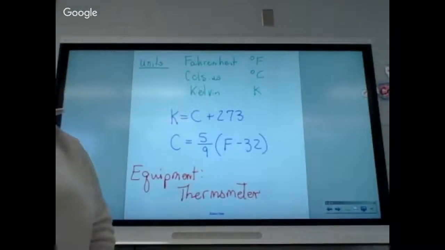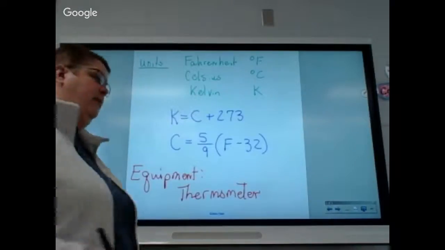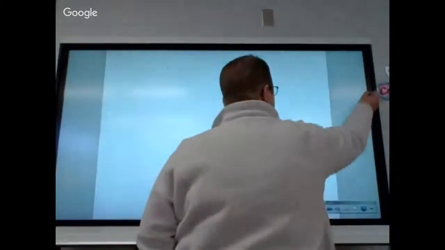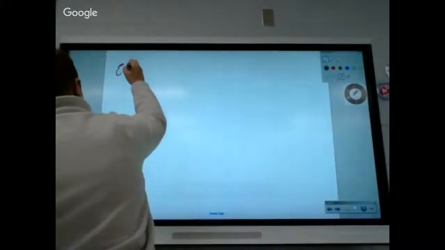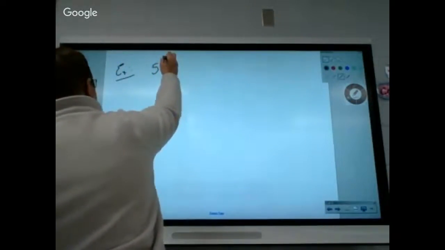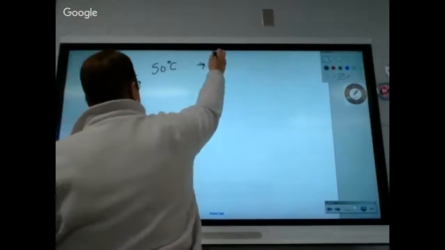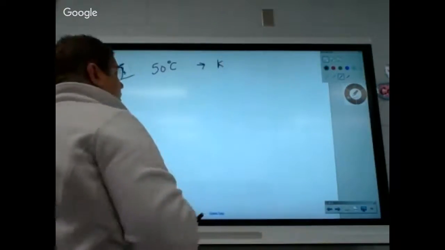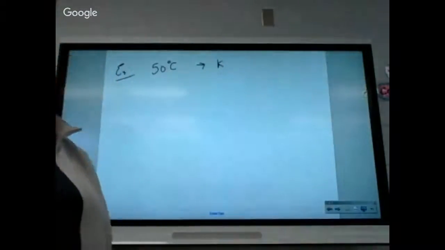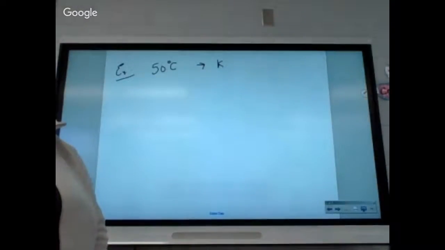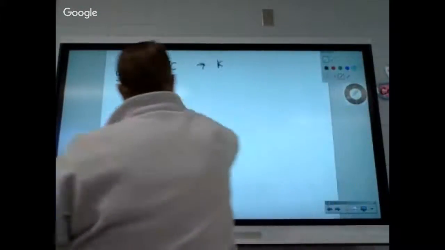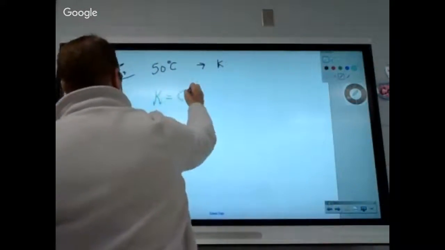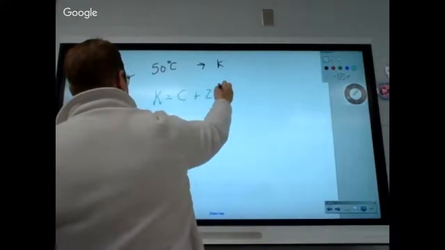Now, let's say for a moment that you had to solve or use one of these formulas. All right, they're very straightforward and pretty simple. So let's say that you had, for example, 50 degrees Celsius, and you need to change that to Kelvin. All right, well, which formula has C and K in it? The first one that we wrote on the board, right? So the first equation that we wrote on the board said K equals C plus 273, right?